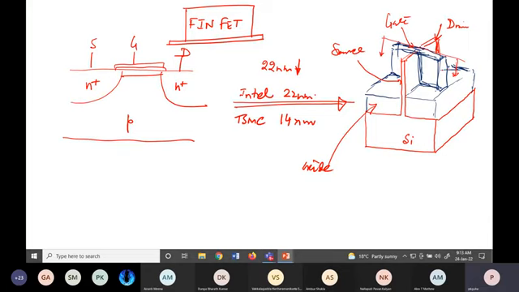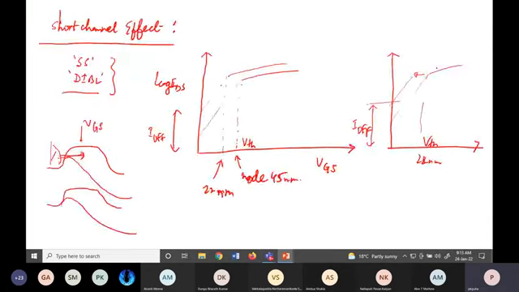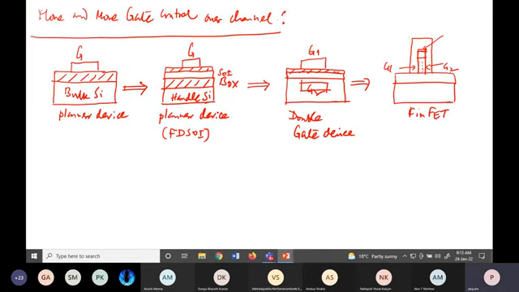So I'm seeing the fin, then gate 1, gate 2, and this is maybe thick oxide or nitride layer. So this is essentially a double gate structure.